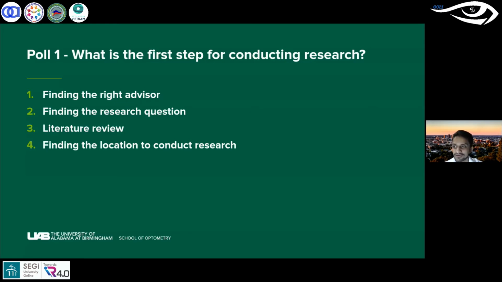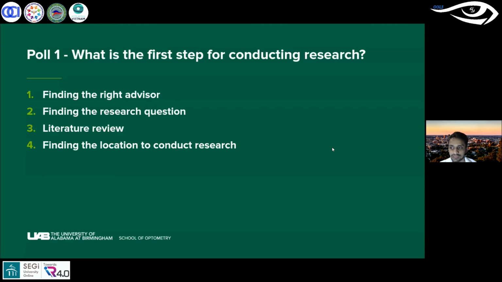So thank you everyone for answering that question. I expected this kind of a split, especially among students, because finding the location, of course, everyone knew that is not a problem. But finding the right question versus literature review, that has obviously always been debated. And the advisor, in the academic settings that we are in, finding the right advisor is definitely very important.